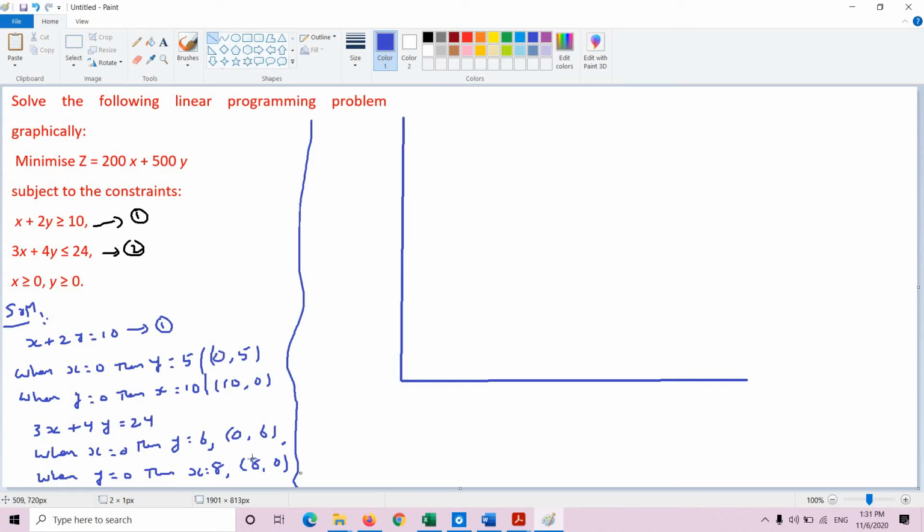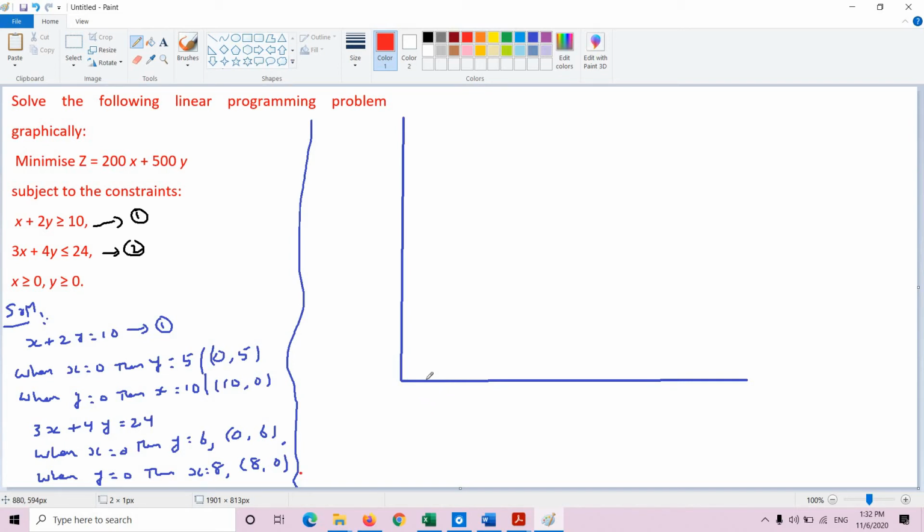What is the maximum value on the x-axis? The maximum x coordinate is 10 here and the maximum y coordinate is 6 here. You have to label up to 10 on the x-axis, and along the y-axis you have to label up to 6.